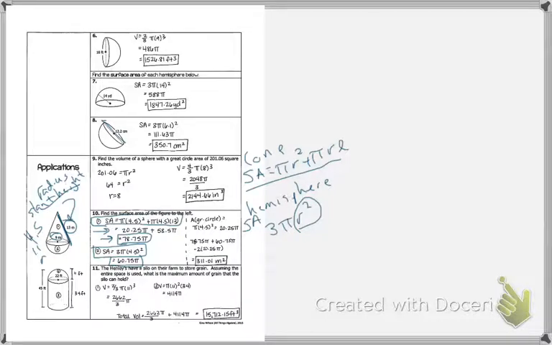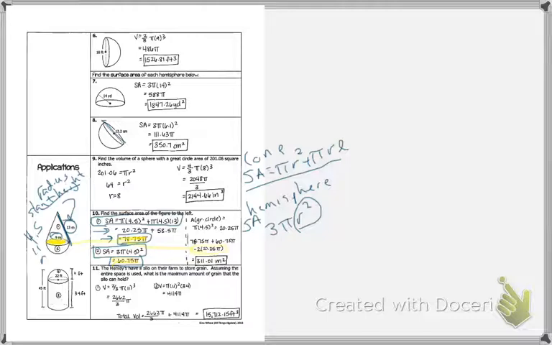So what they want to do is put this guy and this guy together, because they're attached. The problem is, it attaches at this piece right here, this circle. The cone has that base, and the hemisphere has that base. So we have to get rid of that base. That's what's happening here.